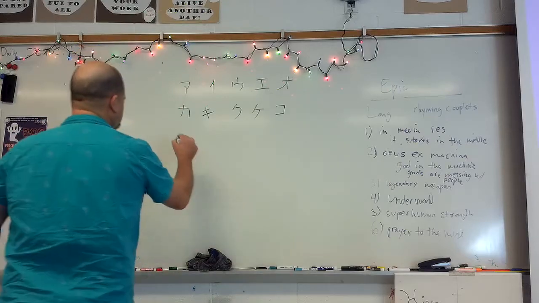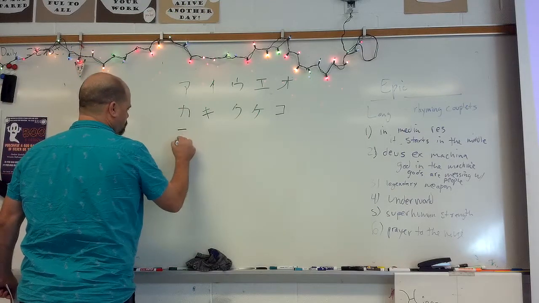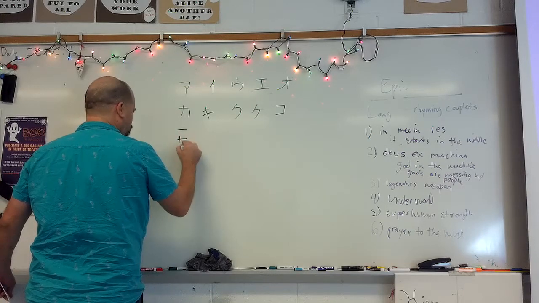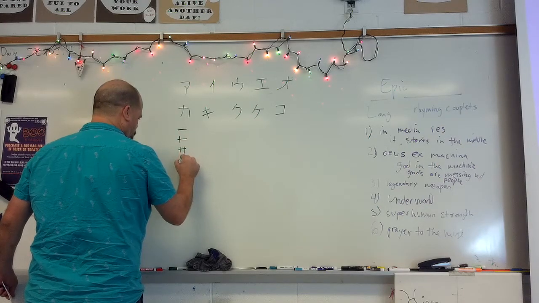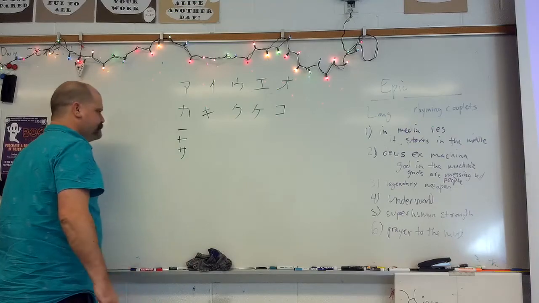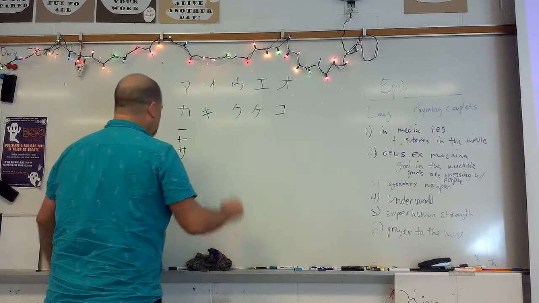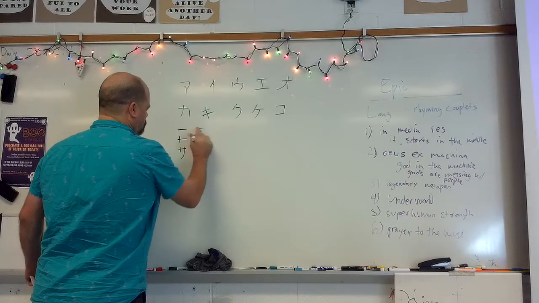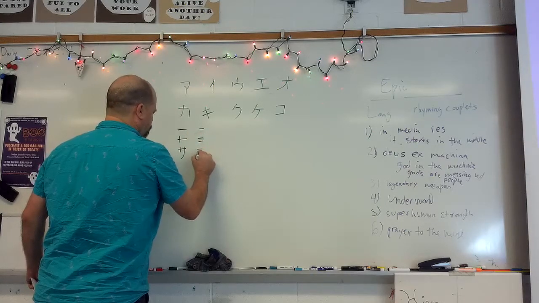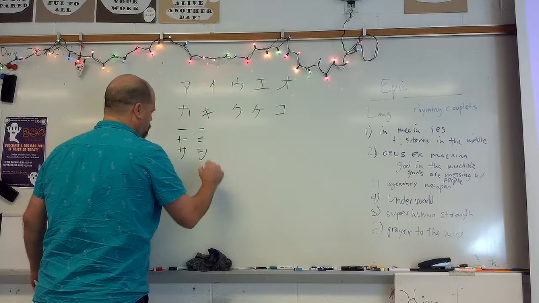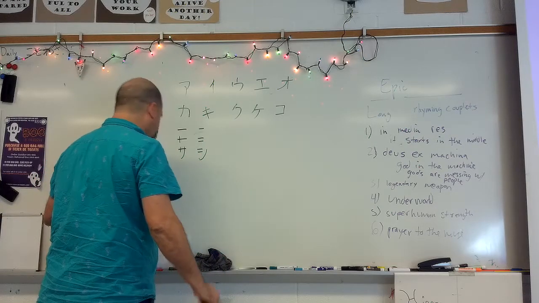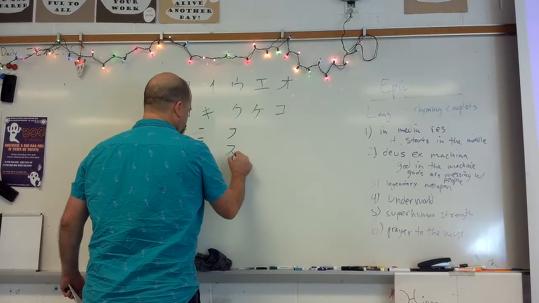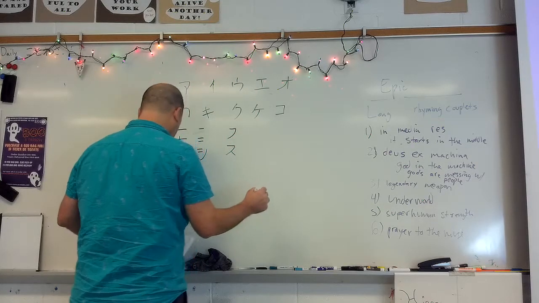So we've got sa, 1, 1, 1, 2, 1, 2, 3. We've got shi, 1, 2, oops, 1, 2, 1, 2, 3. We've got su, 1, 2, excuse me.